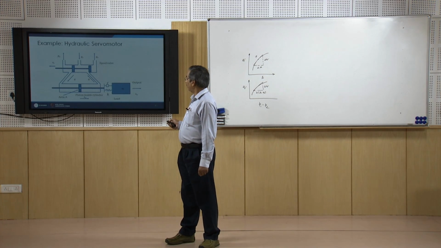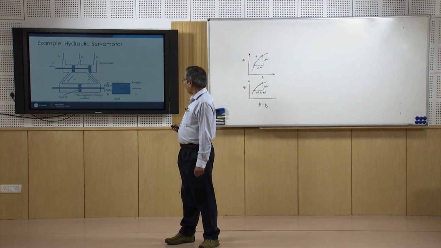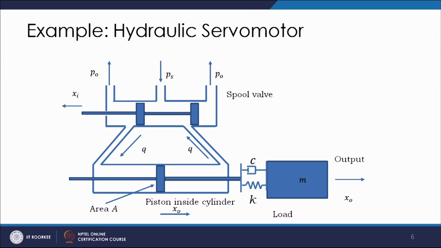piston, okay. And here you can see that there is a piston inside the cylinder, okay, and the cross section area of this chamber is A, and of course, because of flow of liquid, this will be causing the piston to move in this direction or the other direction, and here is my mechanical load. Okay.